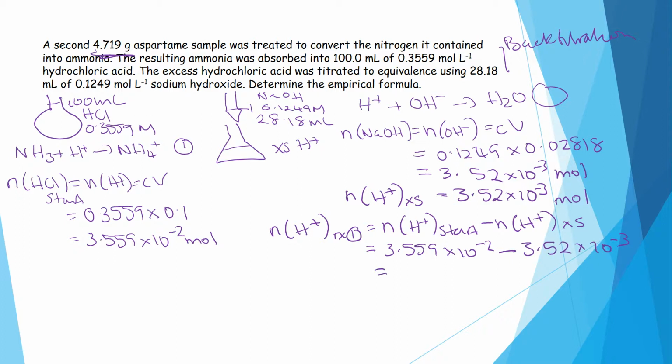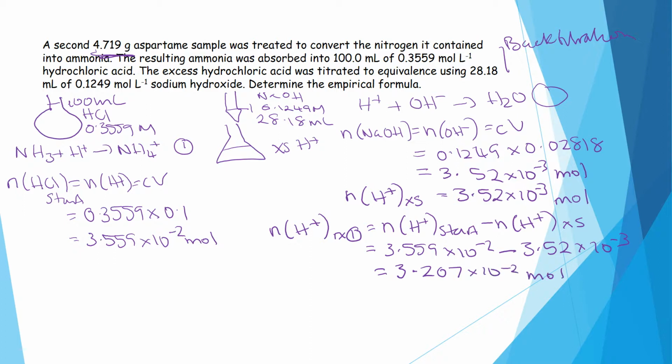And this in turn comes out to 3.207 by 10 to the negative 2 moles.